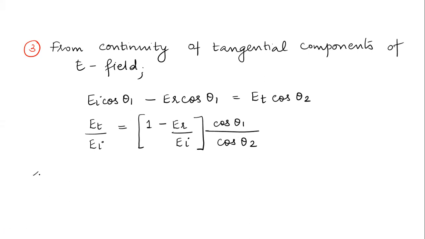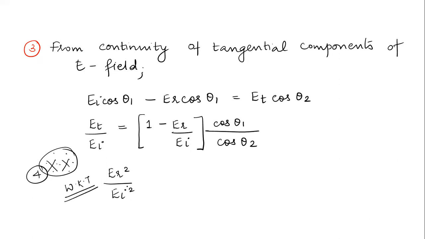Now point number 4, which is the most important part of this derivation. What we have to do is write ER square upon EI square. This is actually from the incident, transmitted, reflected equation, but this we have to learn. We have to start with, we know that only.